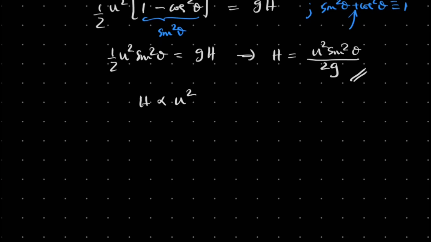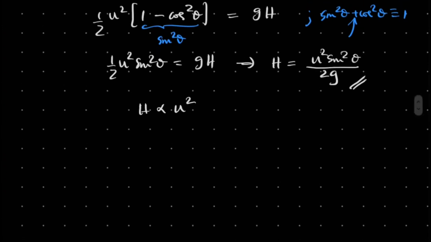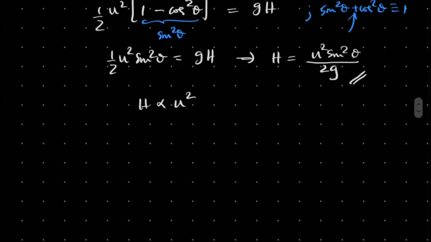But in this case, if you double the initial speed, your height will become 4 times, because it will become the square of it. Oh, I think I said it completely wrong. If you double the speed, you're expecting 2 times the flight time and 4 times the maximum height.